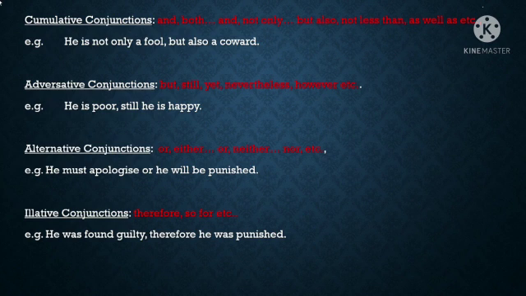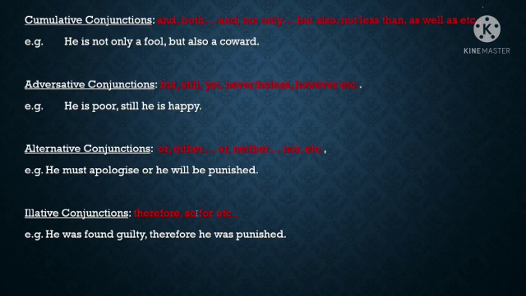You all know that, right? See the example. He was found guilty, therefore he was punished. Okay, he was found guilty, therefore he was punished. So he was found guilty is an independent clause, he was punished is an independent clause too, and these two clauses are connected with the coordinating conjunction therefore.